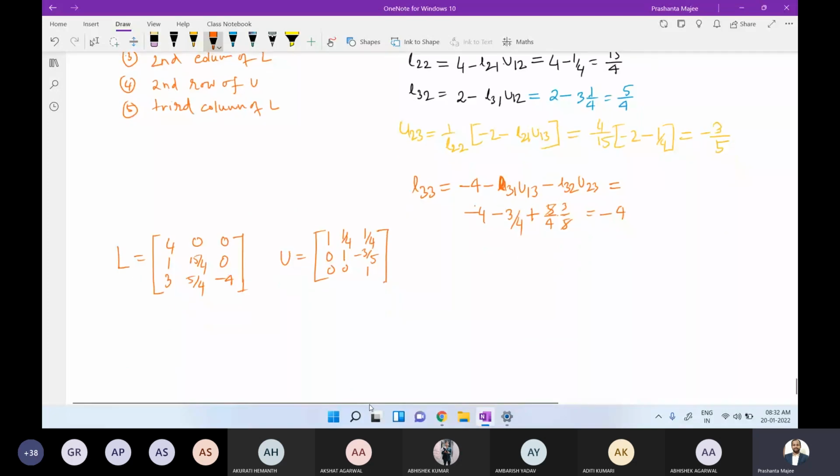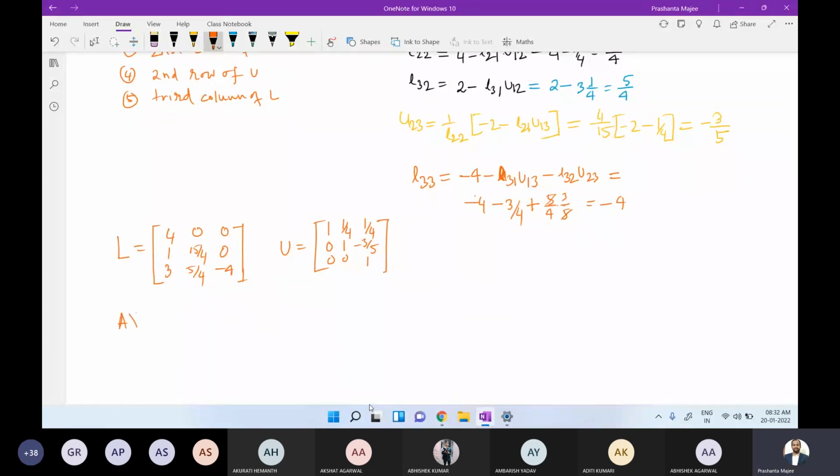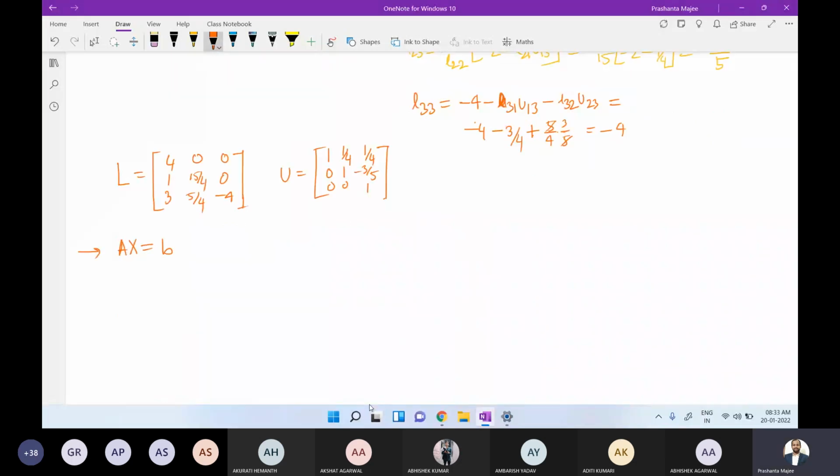So now the system Ax equals B was given. From here we have to find two subsystems, one upper triangular and one lower triangular. So what is A now? A is L into U. So L into U x equals B.